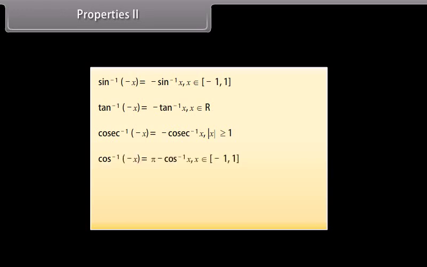Cos inverse minus x is equal to pi minus cos inverse x, x belongs to [-1, 1]. Sec inverse minus x is equal to pi minus sec inverse x, modulus of x greater than or equal to 1. Cot inverse minus x is equal to pi minus cot inverse x, x belongs to R.